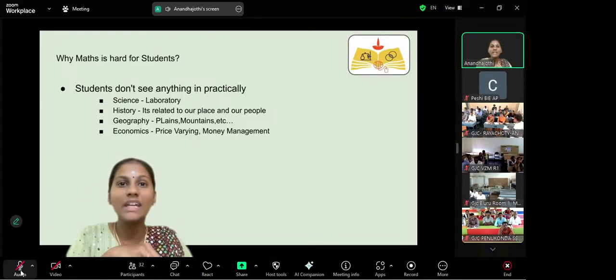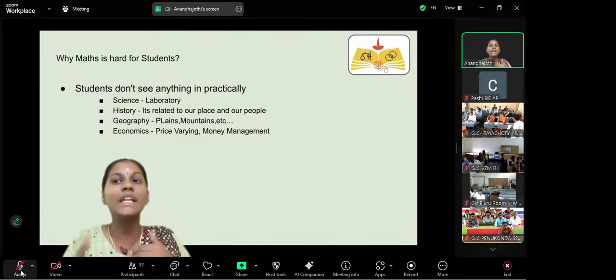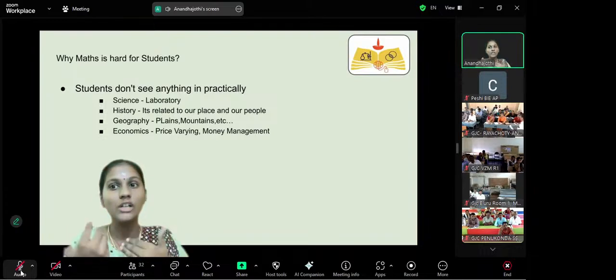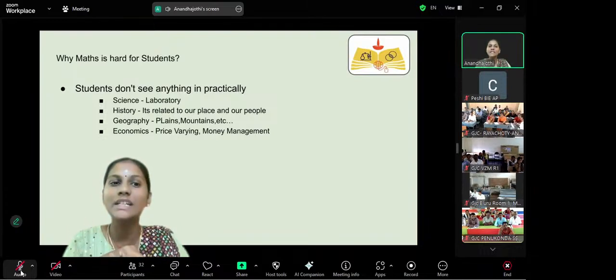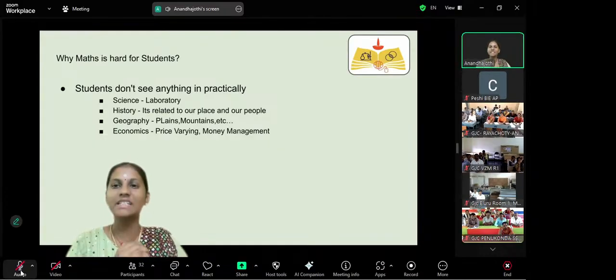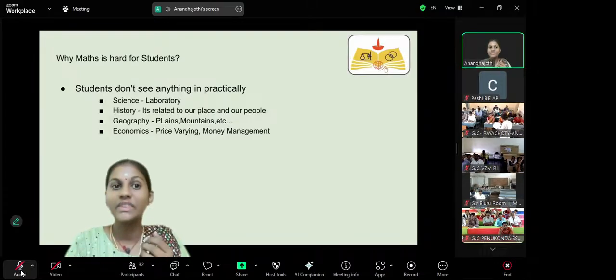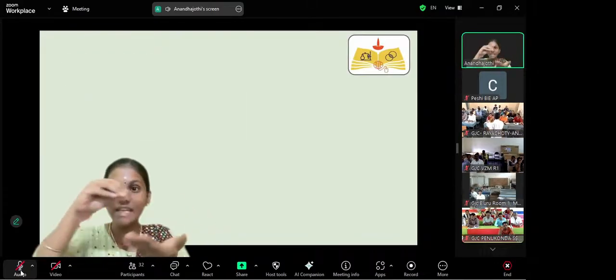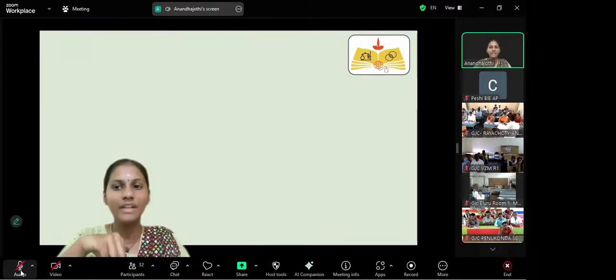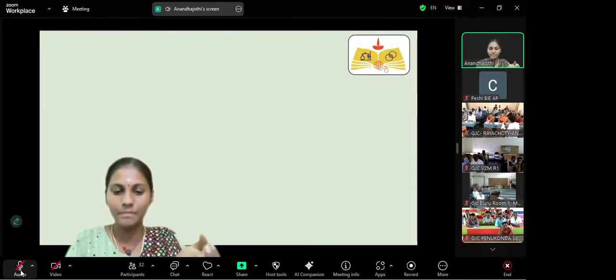What is money varying? What is fluctuation of money? How do we manage money? How do big shots economically manage those things? Students can really see this. But in maths, they don't see these things. If we make them see these things in our daily life, we can make maths a much easier subject.